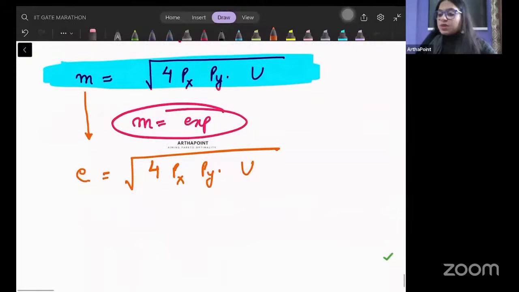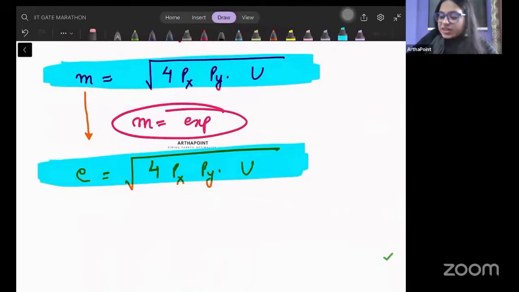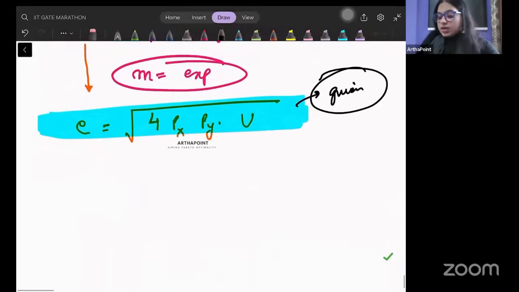In the exam, you may be directly given this expenditure function. If you are given it beforehand, say, let the expenditure function be under root 4 px py u, and after that they say find the Hicksian demand of good x.